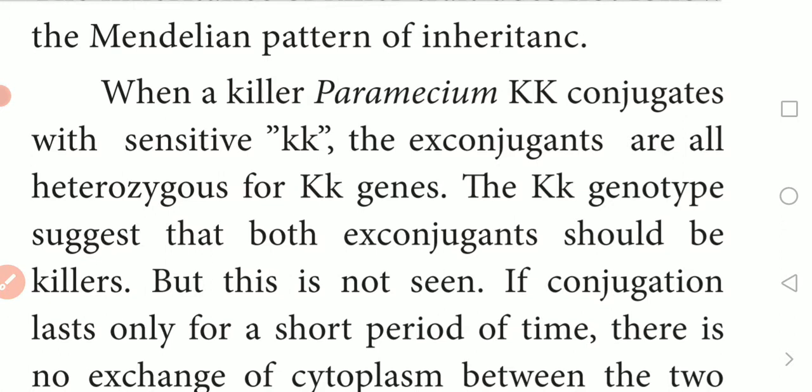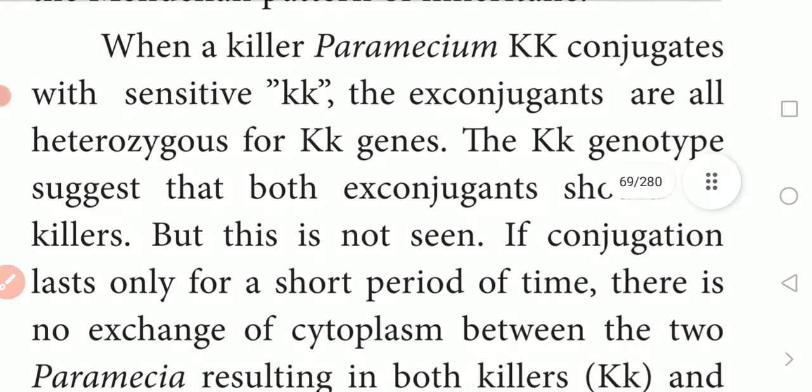The Paramecium with a nuclear genotype small k is unable to produce kappa particles. The recessive k cannot produce kappa particles. Who can produce the kappa particles? The dominant K. Only the dominant K is able to produce kappa particles.